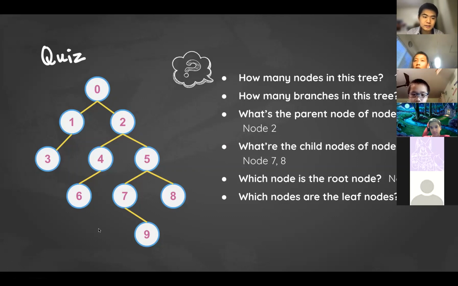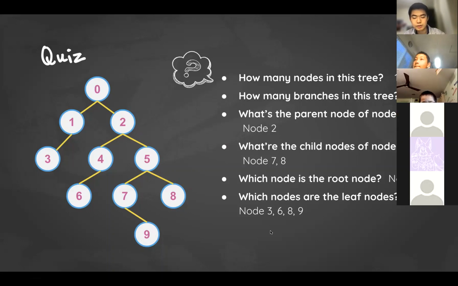Leaf nodes are nodes that don't have any more coming out of them. So it's not just the ones at the bottom, but any node that has reached an end. So 3, 6, 9, and 8. All right. These may seem pretty trivial at first, but once we start coding, understanding the relationship between different nodes is going to play a role in how you actually create the model.